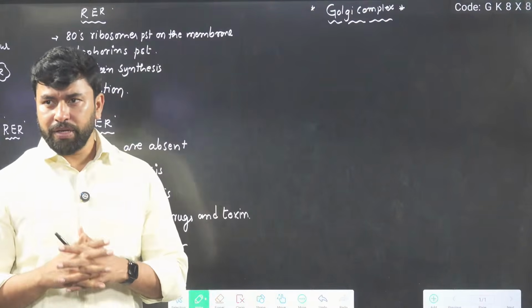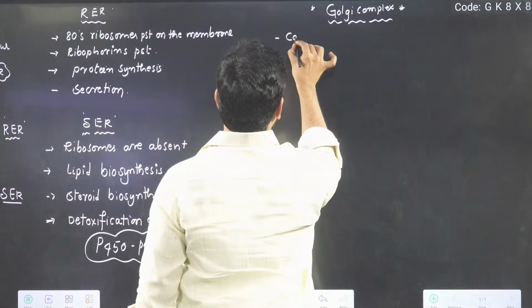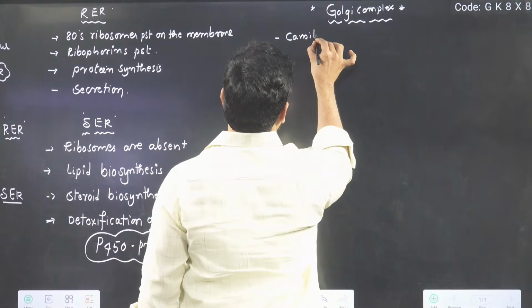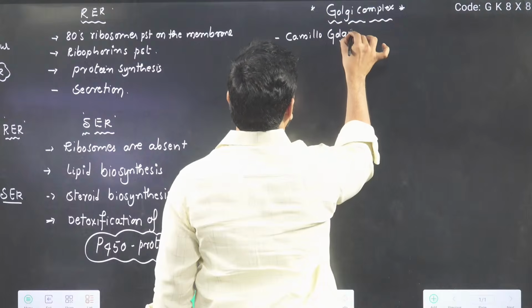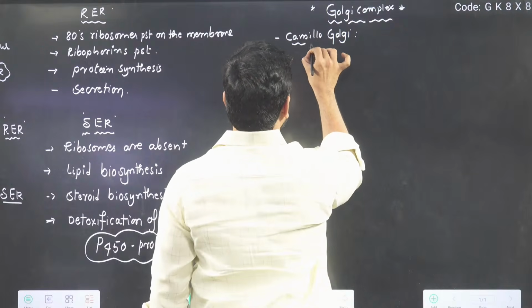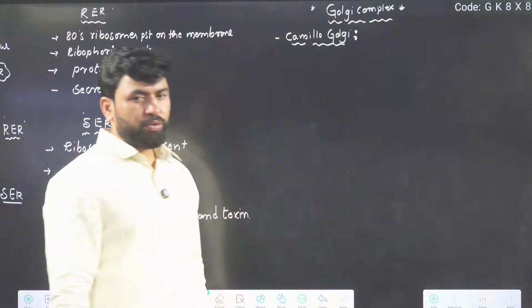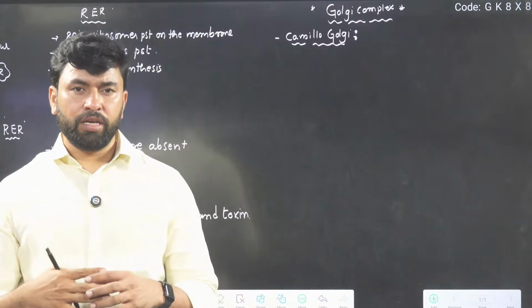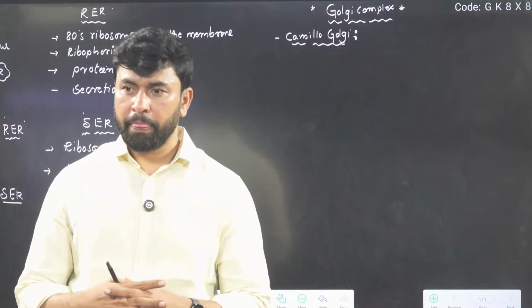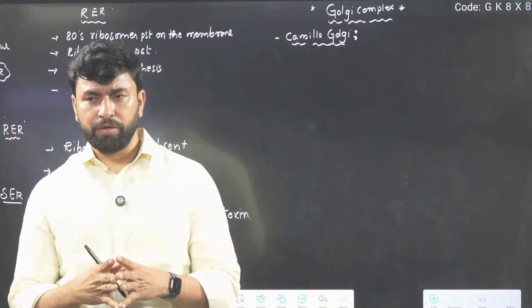The name was given because there was a scientist called Camillo Golgi. He was actually a doctor, a neurosurgeon. He was working with nerve cells, especially from a bird, the owl. He had taken owl nerve cells and wanted to study them.